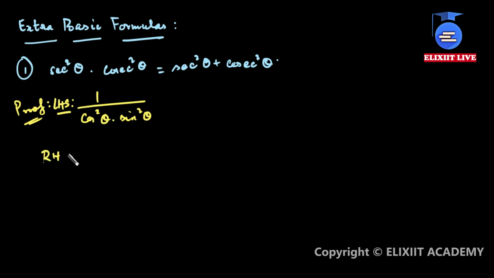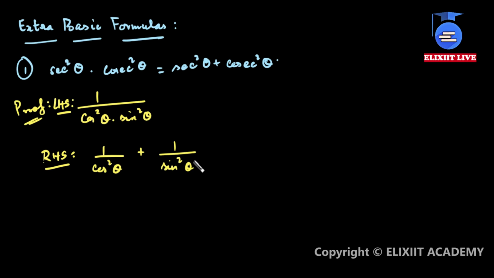And on the right hand side, we have sec squared theta plus cosec squared theta. Again break this, let's see what we get from here. Sec squared theta means 1 by cos squared theta. Cosec squared theta means 1 by sine squared theta. Okay. Then what do I do?